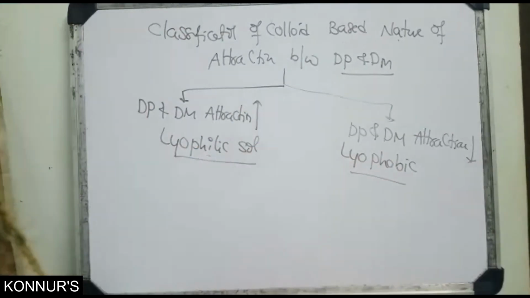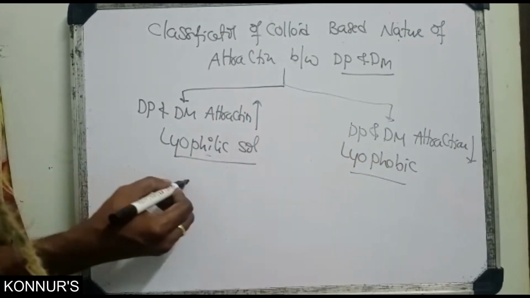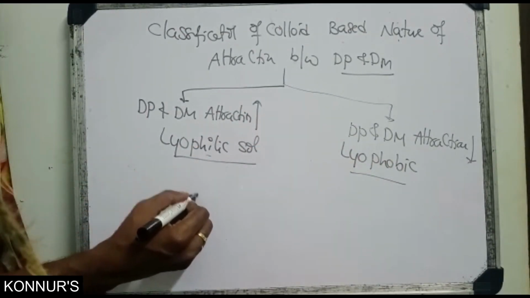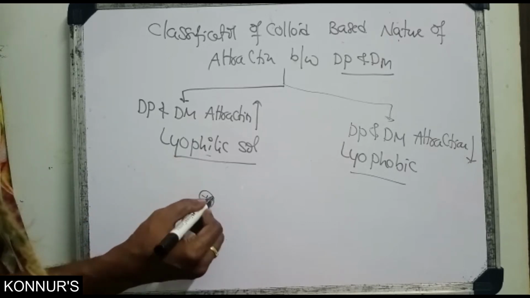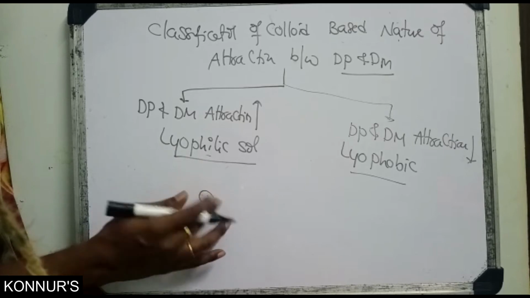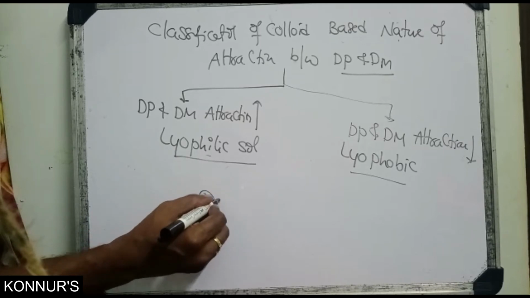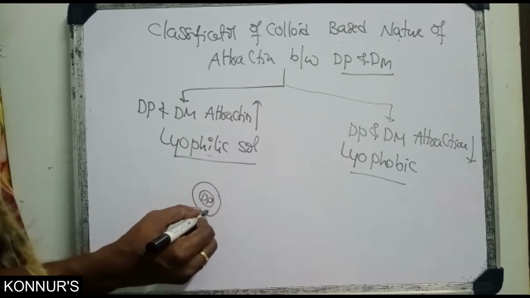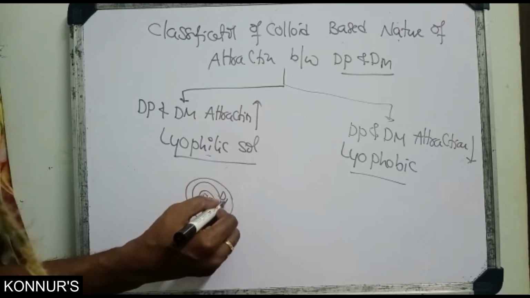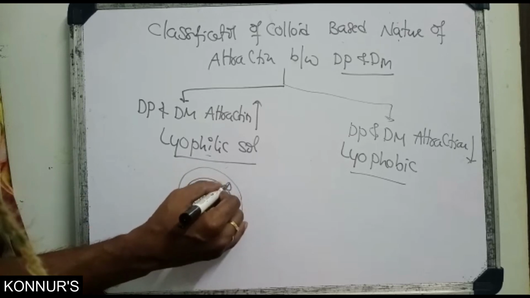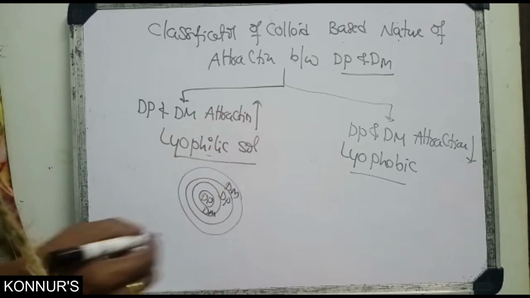Here attraction is more. Suppose the dispersion phase has a positive charge. You take the dispersion phase surrounded with dispersion medium, which is again surrounded with dispersion phase, dispersion medium. So it is continuously moving.